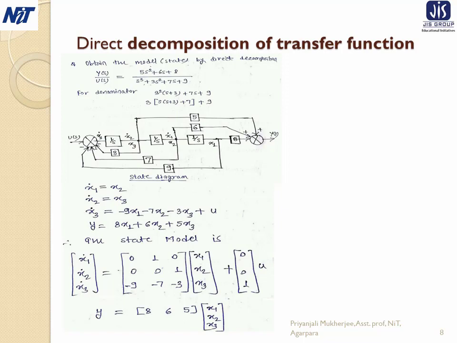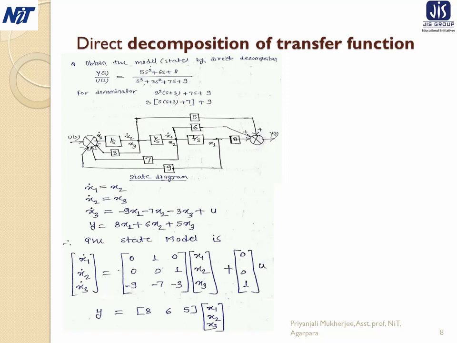So it is 0, 0 and 1. In the same way, the terms of u are also 0. And for x3 dot, the coefficient of x1 is -9, the coefficient of x2 is -7, the coefficient of x3 is -3, and the coefficient of u is 1. That's why the last row is -9, -7 and -3, and the coefficient of u is 1.